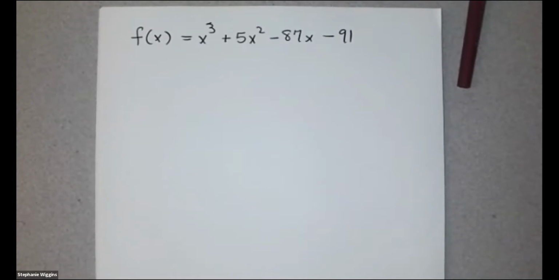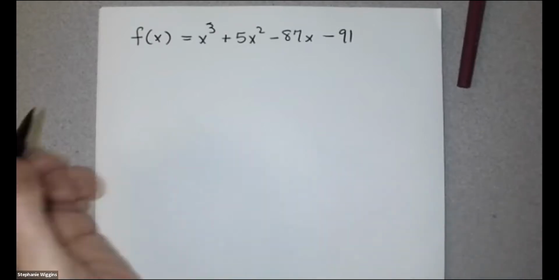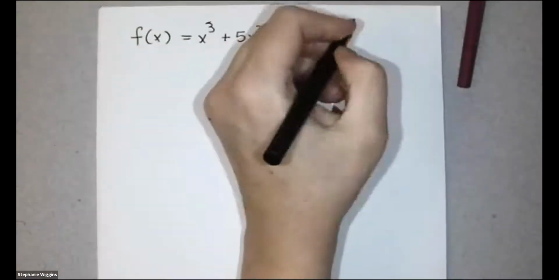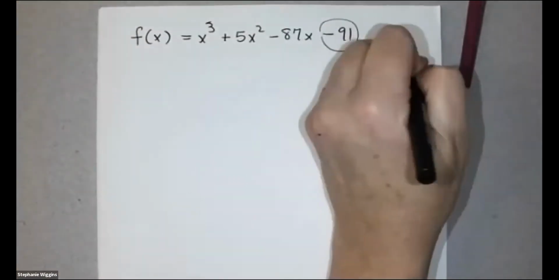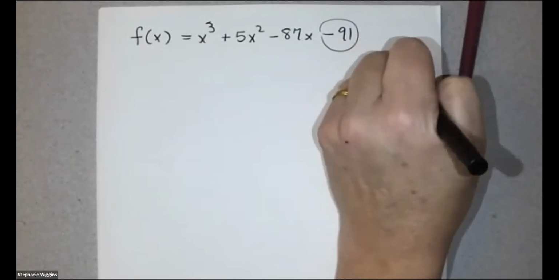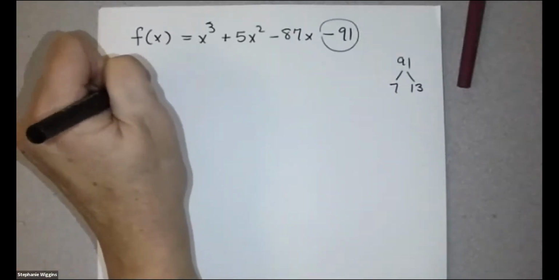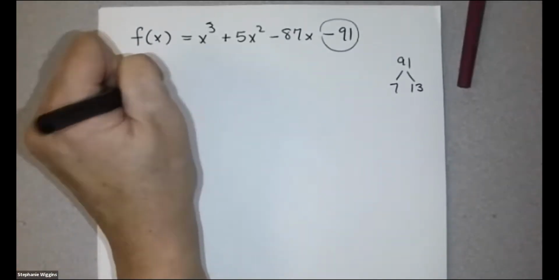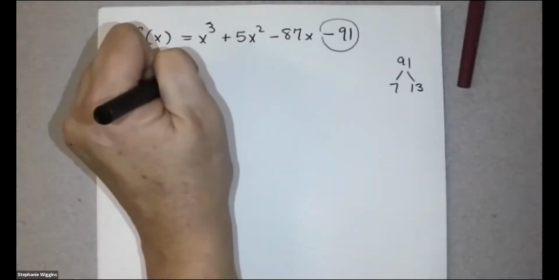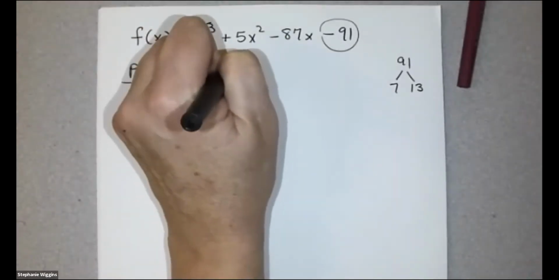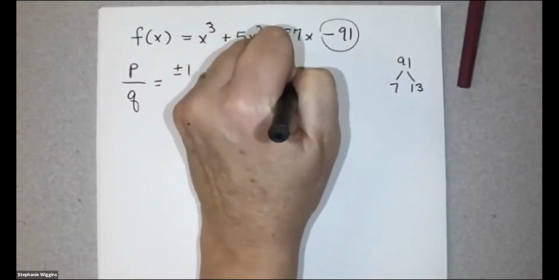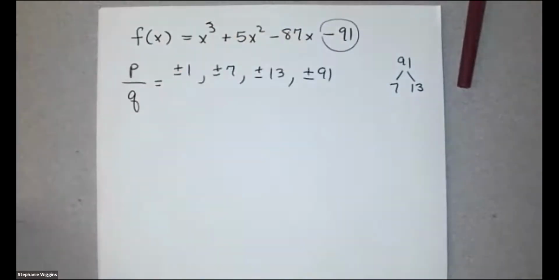And if you're looking for the rational zero, applying the rational zero test, you have your factors of 91. 7 times 13 is the prime factorization of 91. So we have P over Q, and we have plus or minus 1, plus or minus 7, plus or minus 13, and plus or minus 91.